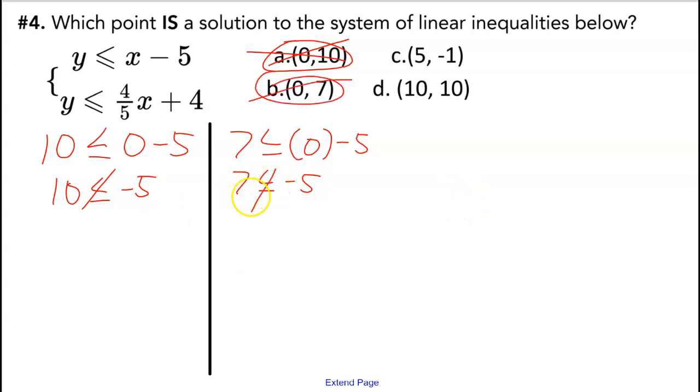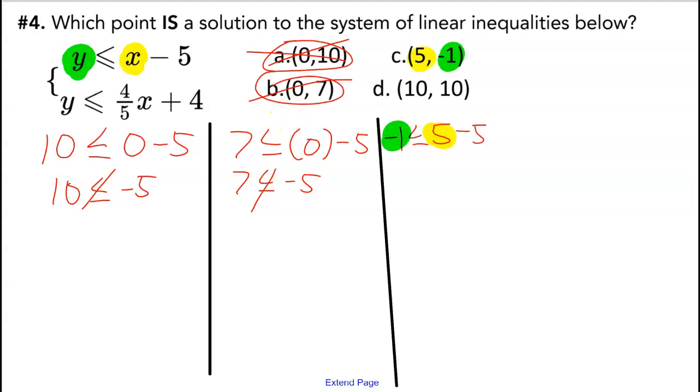So we take that out. That doesn't work either. Let's try another one. Now I'm going to plug in 5 for x and negative 1 for y. 5 minus 5 gives me 0. Negative 1 is less than or equal to 0.